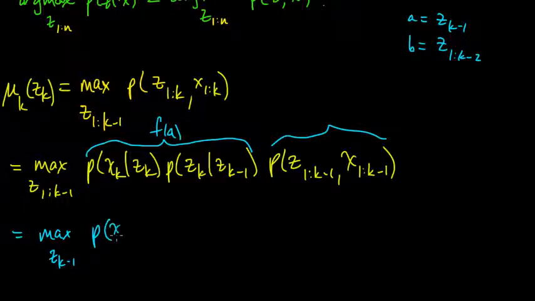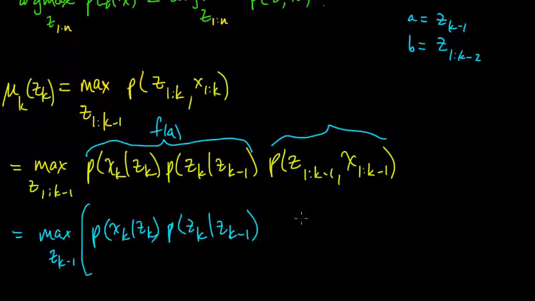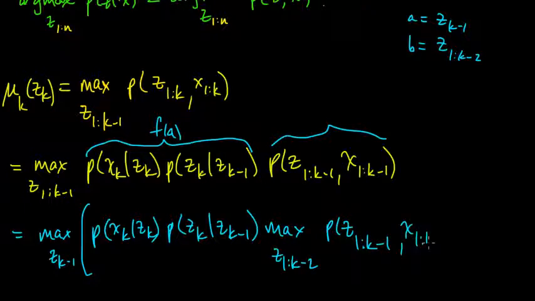So this is looking good: the probability of xk given zk, the probability of zk given zk minus 1, and that's the max over all of that on the outside. Then inside, the max over z from 1 to k minus 2 of the probability of z from 1 to k minus 1 and x from 1 to k minus 1.